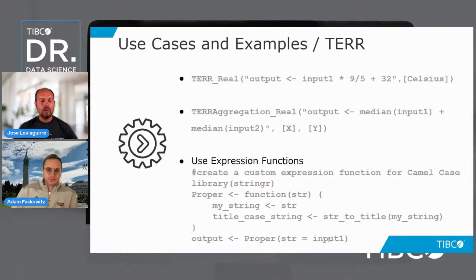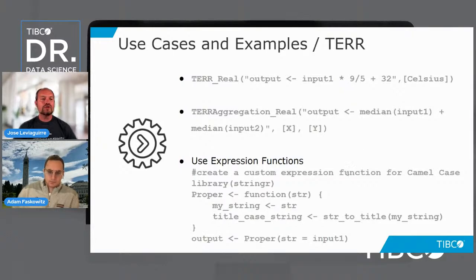You have to have one input. If you have more inputs, then you have input 1, 2, 3, and 4, just like we did with the aggregation example. And then you have to have some kind of output. So in this case, it's calling this proper function with the input as the parameter, and it is performing the string to title function with my string, and this is returning the title case string, and that's going to be the output.